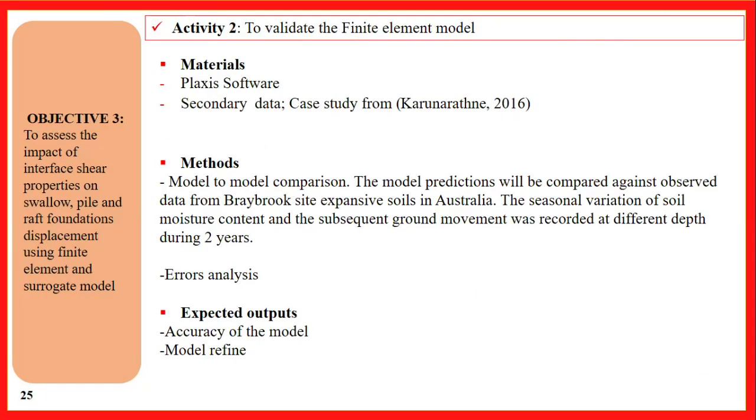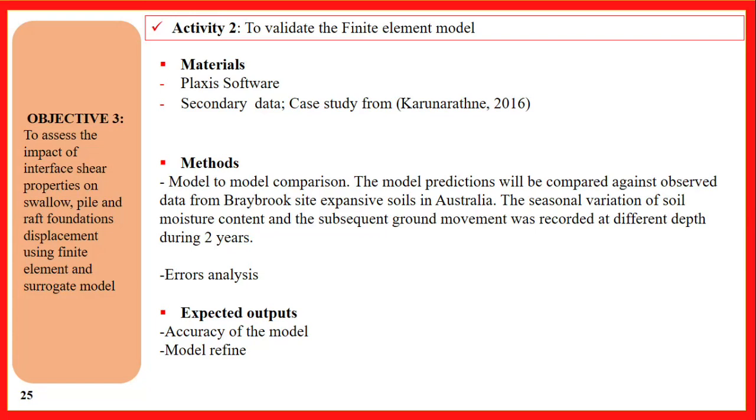For activity 2, the model will be validated by using secondary data from a case study of Karunarate in 2016 research. We will do a model-to-model comparison. The model prediction will be compared against observed data from Raybrook site expansive soil in Australia.